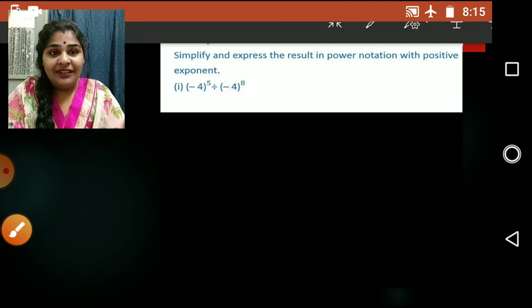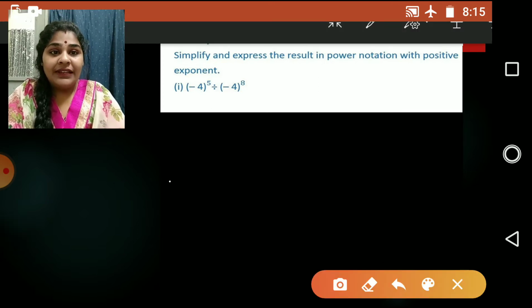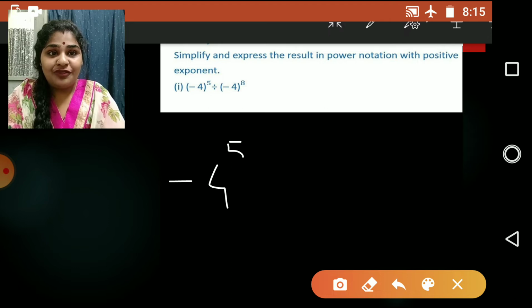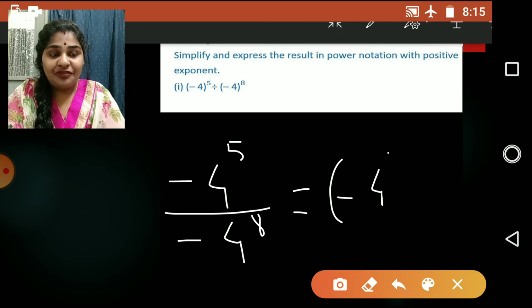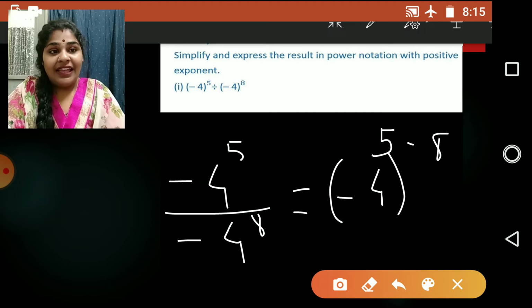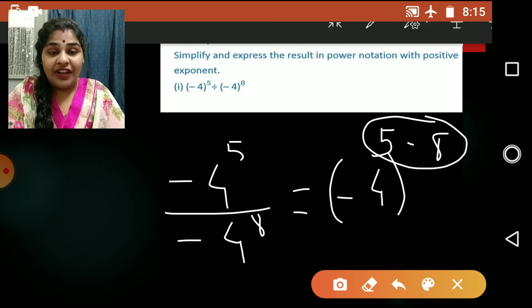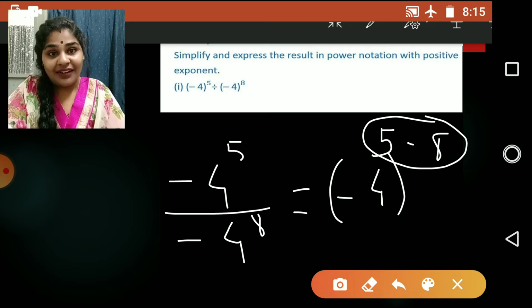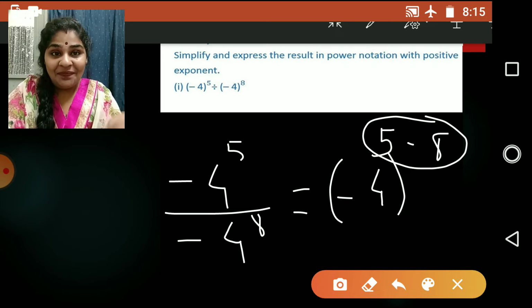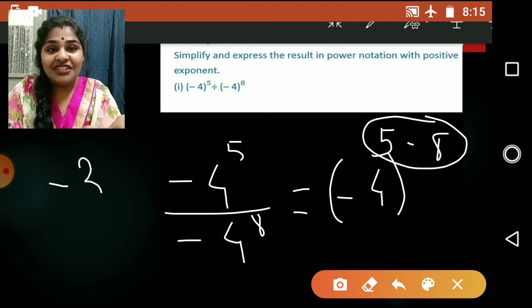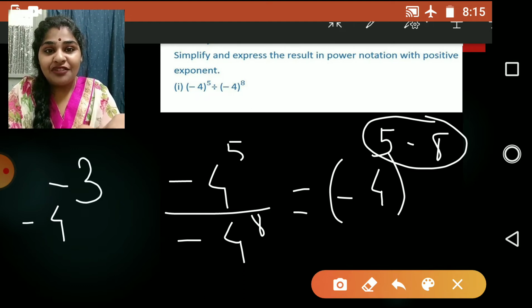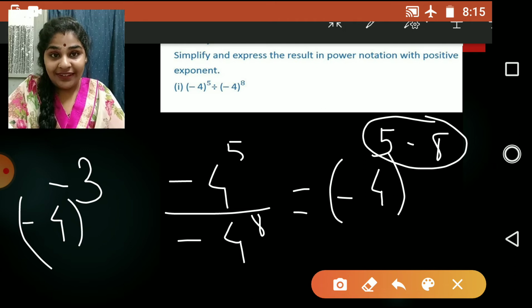Yes, negative 4 raised to 5 divided by negative 4 raised to 8 will be equal to negative 4 raised to 5 minus 8, right? And now solving this 5 minus 8, how much, children? You know how to solve integers now, right? So 5 minus 8 will be negative 3. Negative 4 raised to negative 3, right?